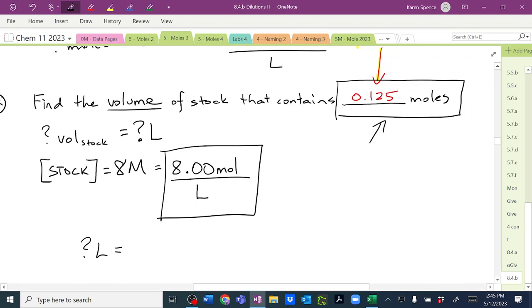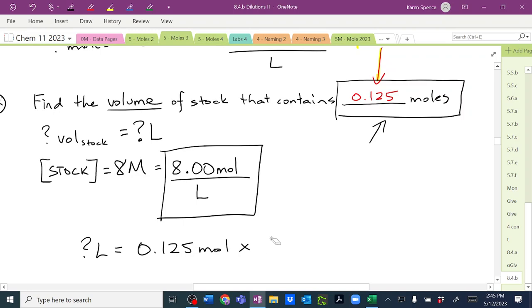So let's write our initial quantity, 0.125 moles first, and then times 8.00 moles per liter. No, why not?